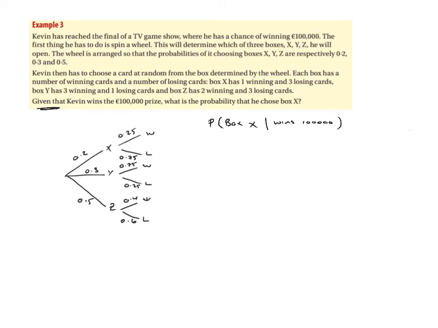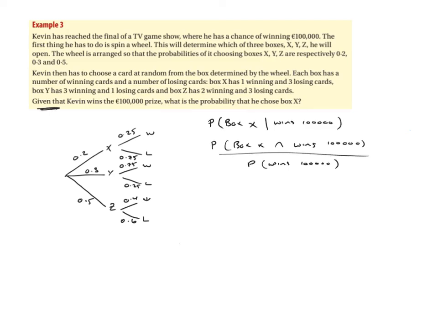So if we write it as what we're looking for, it's the probability of box X intersection wins 100,000 over the probability, or the number of ways, whatever you want to call it, that he wins 100,000 euro or pounds, whatever.